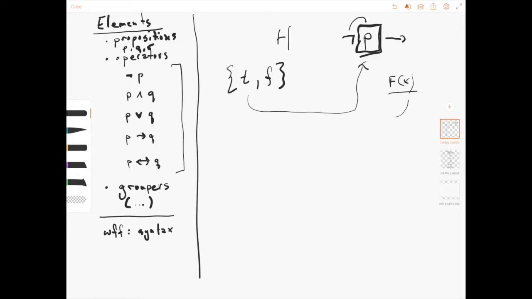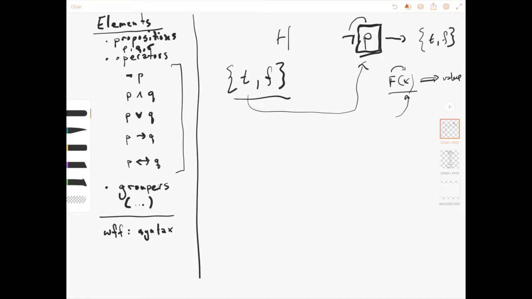We put a value in for x. The f function does something with that value, and it gives us an output in the form of some other value. In this case, both the input values, in other words, the domain, and the output values, that's the range, are the same, namely the two values, true and false.